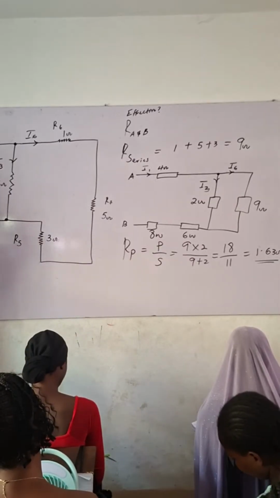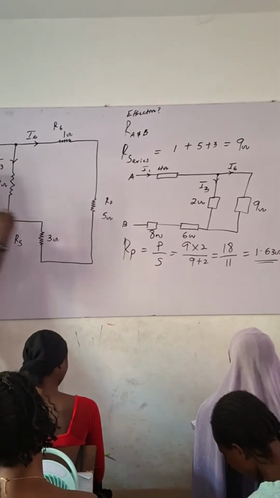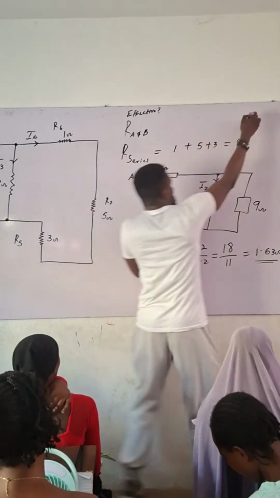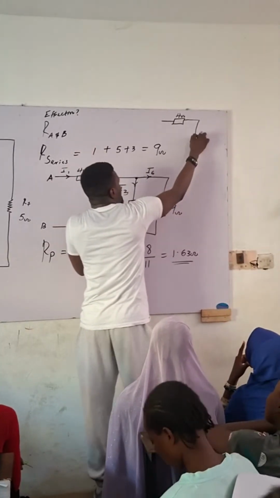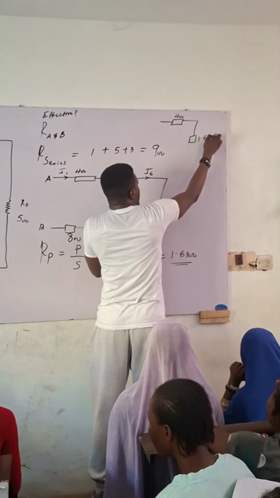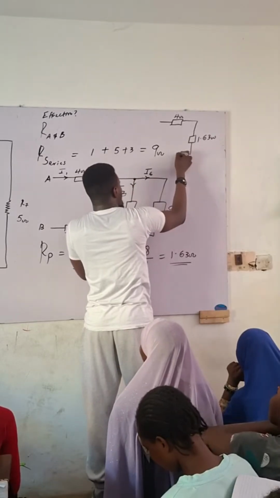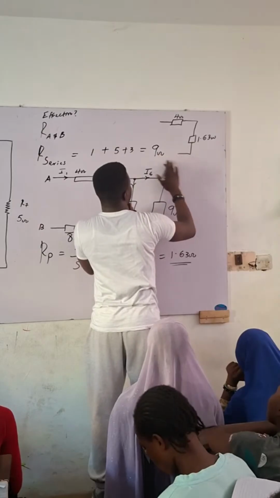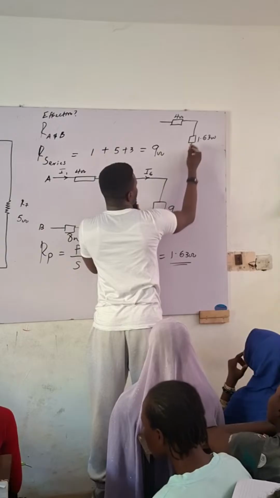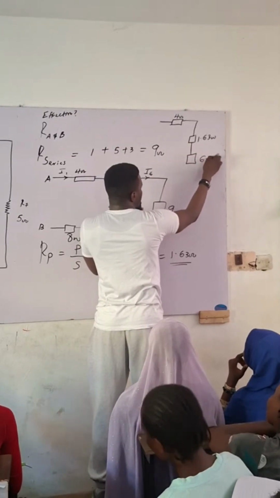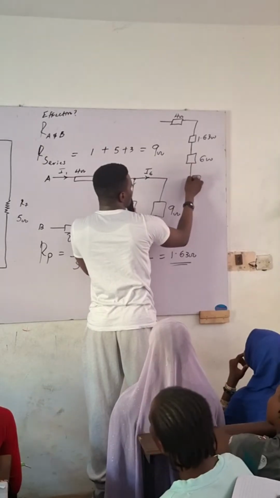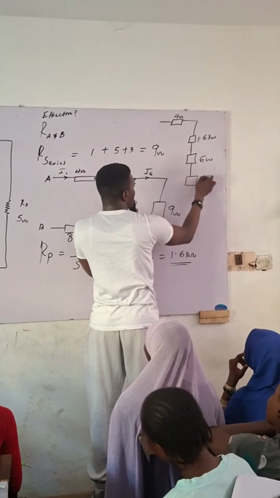Which means that I'll simplify it again. So my diagram will now eventually look like this: the 4 ohms, the 1.63 ohms, the 6 ohms, and the last one, 8 ohms.